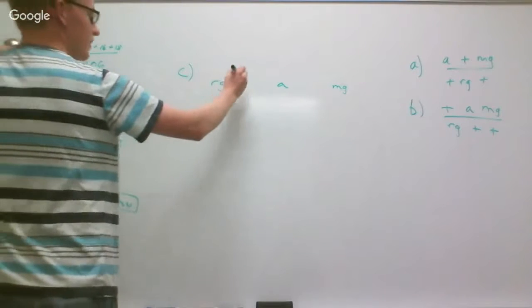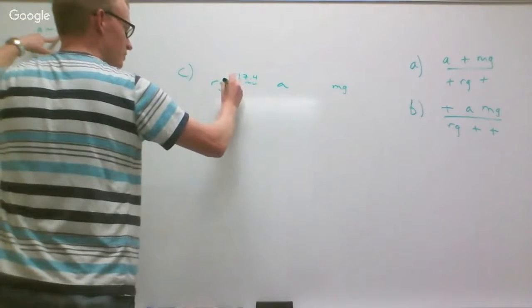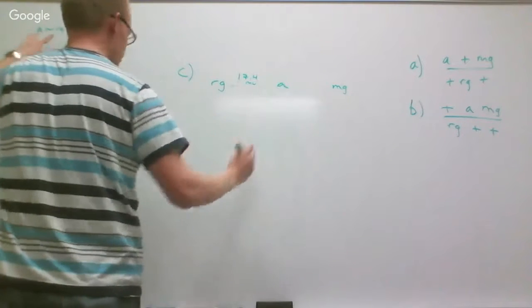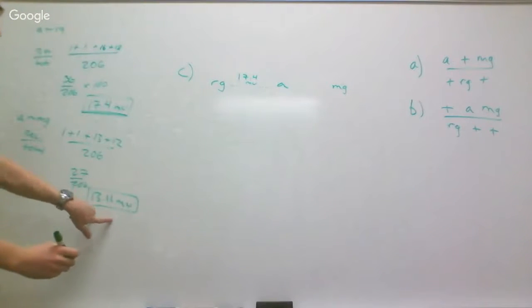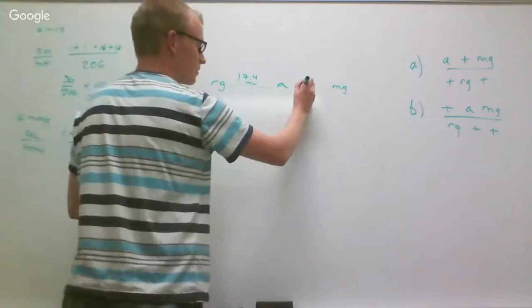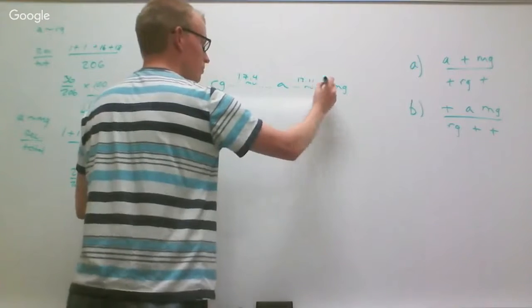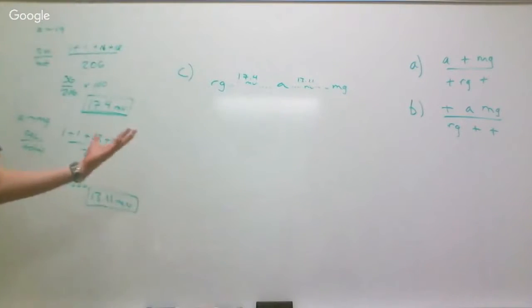Between A and RG, we have 17.4 MUs, and we can just do some dots to connect those. Between A and the mahogany, the MG, again, a couple dots, that's 13.11 MUs. And so there is kind of your linkage map.